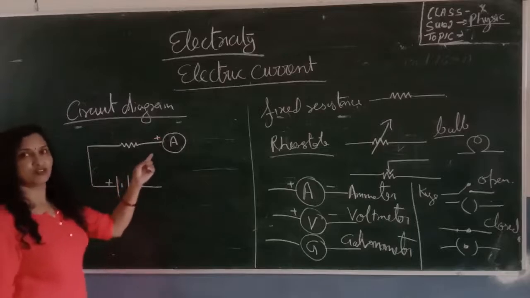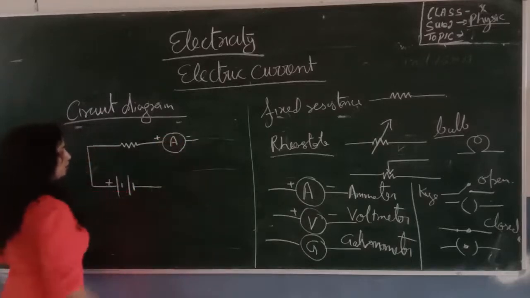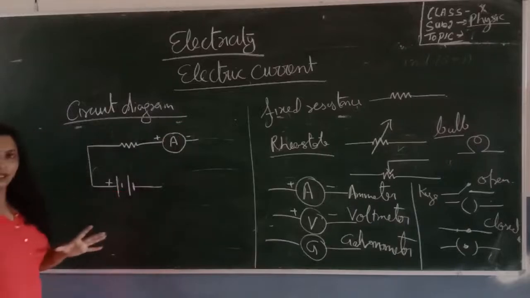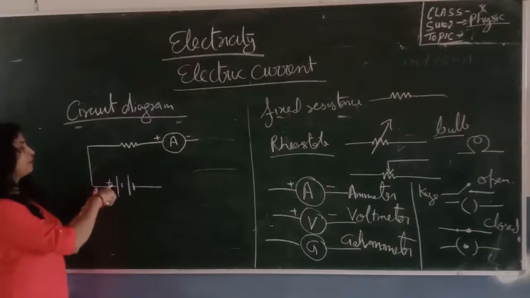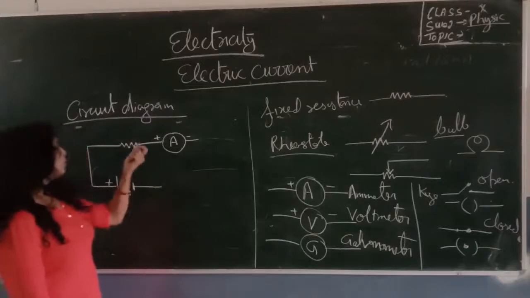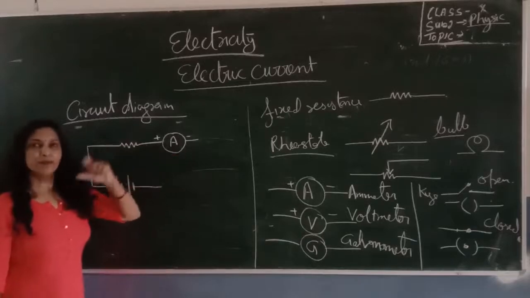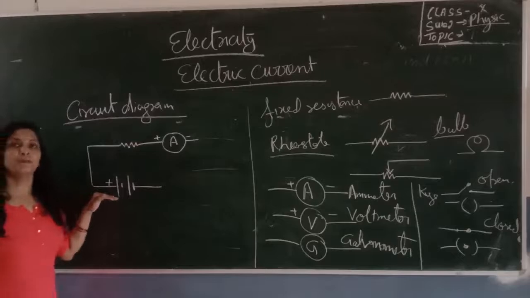This is the positive terminal of the ammeter, so here should be the negative terminal. It's very important that the positive terminal of the battery should be towards the positive terminal of the ammeter.